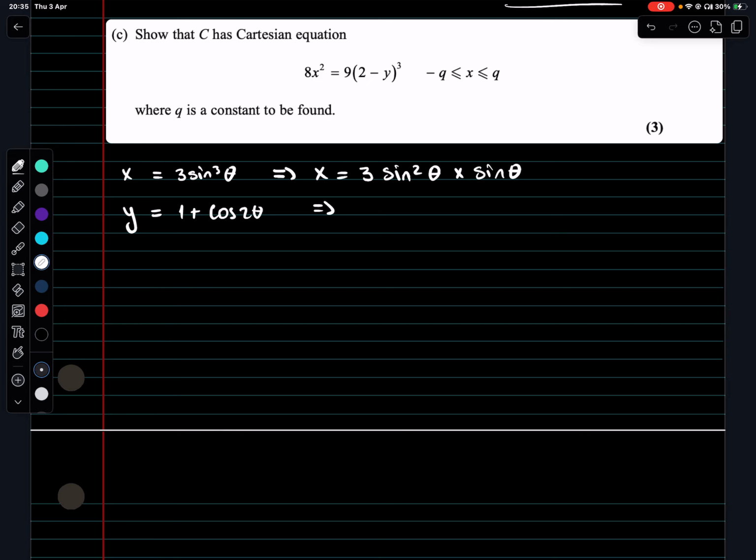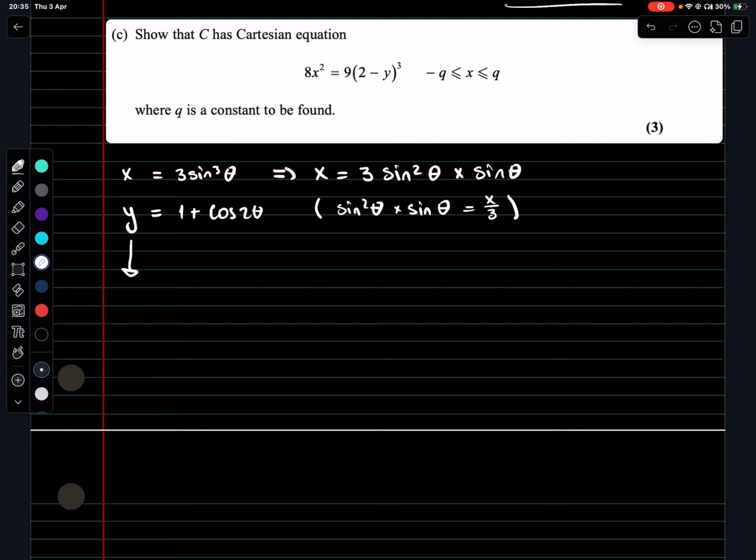So I can actually say right now that sine squared theta multiplied by sine theta equals x divided by 3. Okay, so I want to do some kind of rearrangement. So instead of sine squared, let me just try to do something with the y now.